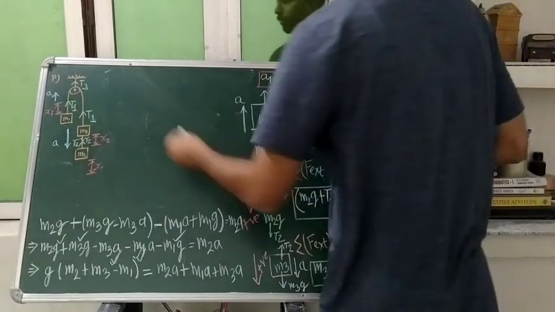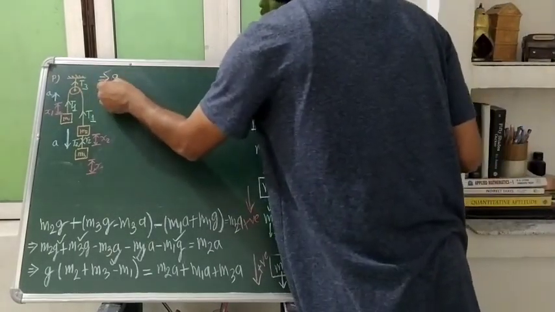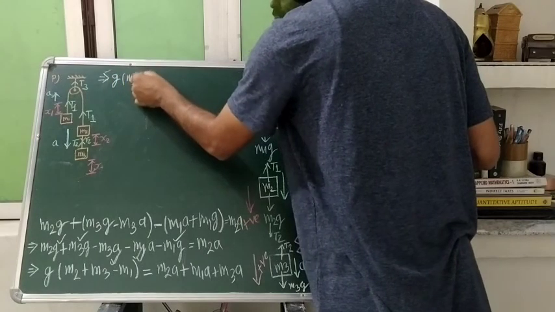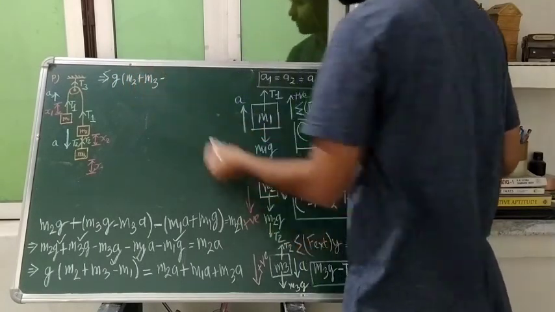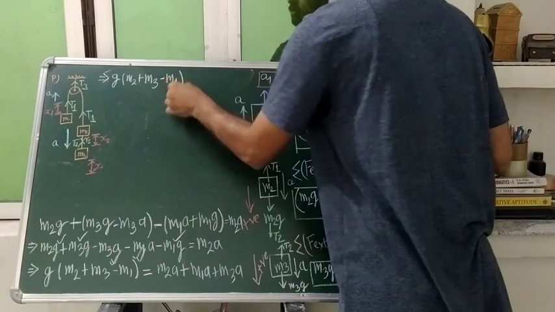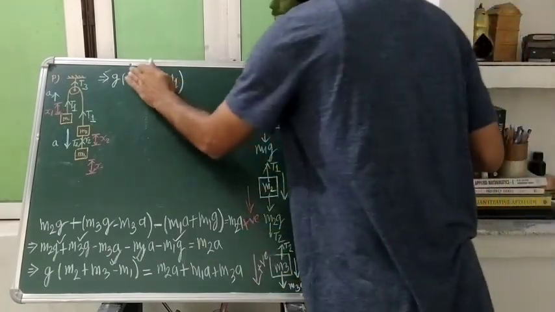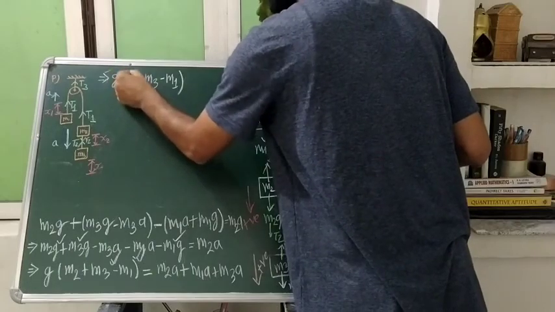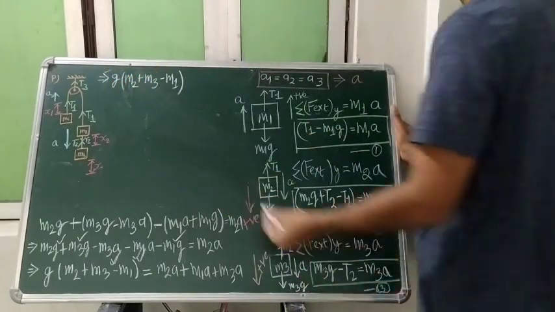This will become what? If you take g as common, it will be m2 plus m3 minus m1 here. This will be m2 here, and it should be equal to what?